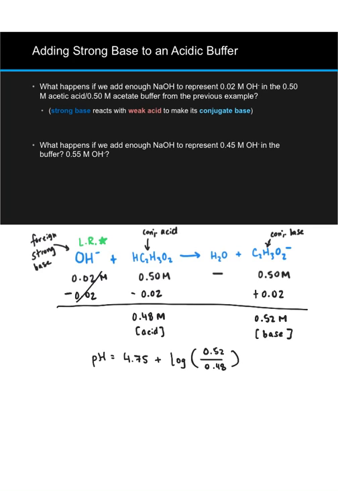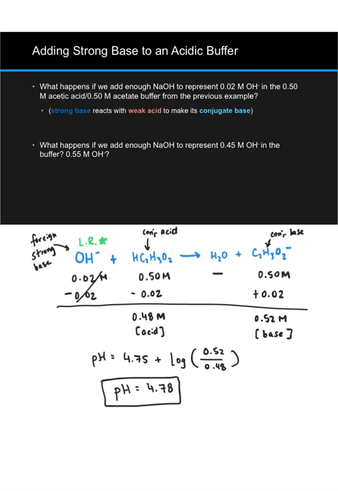If we carry out this calculation, we end up with a pH that's equal to 4.78. Again, not a significant change or deviation from the pH of our buffer before we'd added the sodium hydroxide to it.